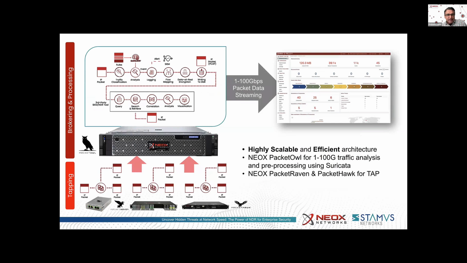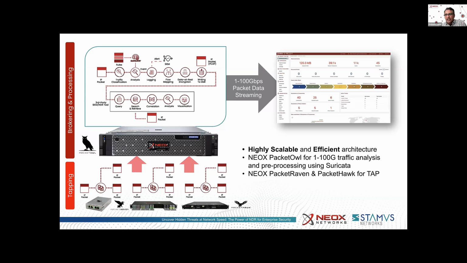Yeah, so in this case, a typical tap feeds into the Packet Owl. You may still have a packet broker layer in the middle if it's a very large network and you want a consolidation with one or two packet brokers, and then from there you feed into a Packet Owl.